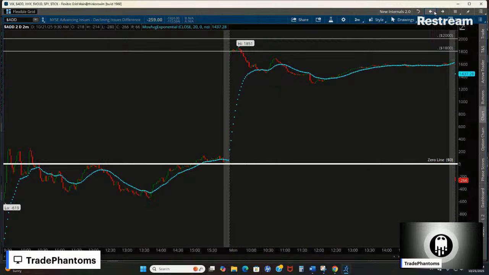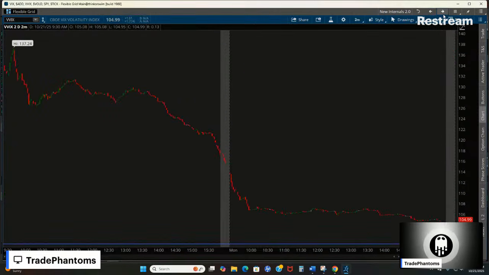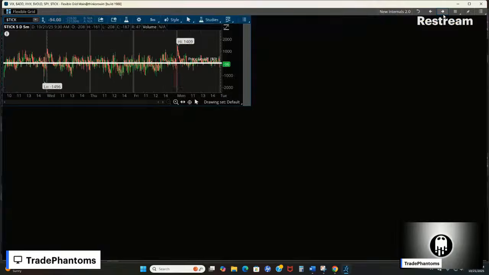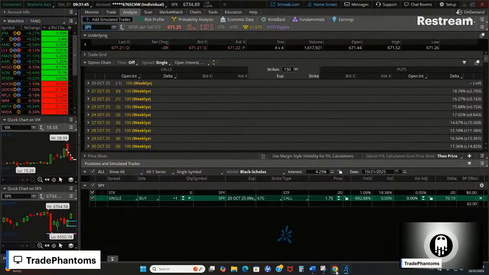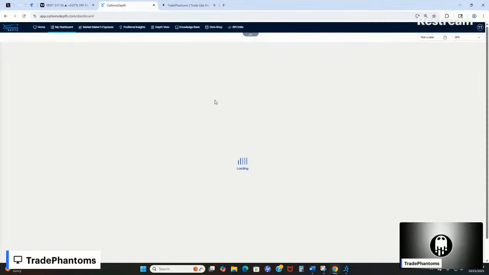Amazon having some fall through there. Advance-decline, negative 230, nothing crazy. Internals are most likely going to be quiet today. I'm going to update this. Amazon holding the bid up into that 220 handle. Let's take it slow.